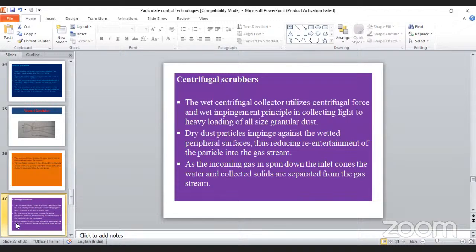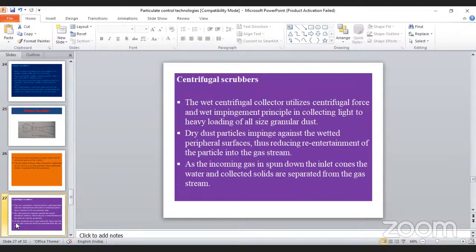When water-solid impingement happens, some of them go to the peripheral surfaces of the collector, but they can be re-entrained, coming out of the peripheral surfaces by the movement. We cannot assure 100% impinging for all particles. Some will be impinged and some will get away, but this is one of the methods adopted for separating particulate matter.